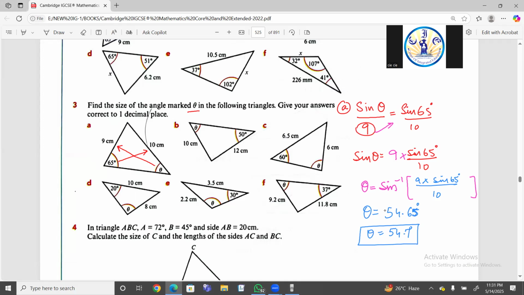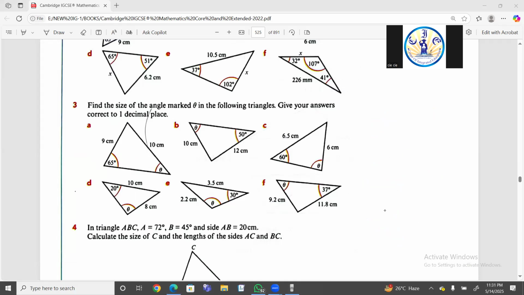Okay, then again we need to calculate this angle theta in all these parts. So let me solve part C first. So theta will be equal to sine inverse of: what was the angle, that is 60, and the side opposite to that was 6.